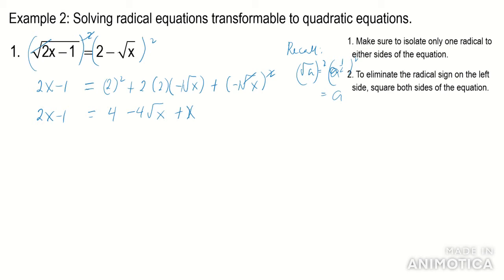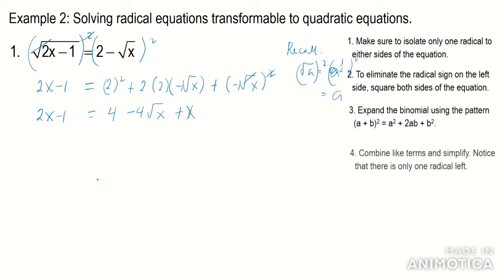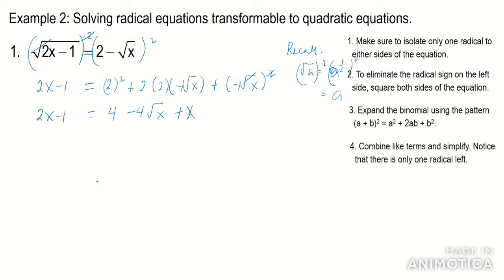And then, the next step is, we are going to combine like terms and simplify. Okay, so we have 2x minus x. Transpose this x, that's why we have negative x here. When we have minus 1, then we have minus 4. So notice that we only have one radical left on the right side.